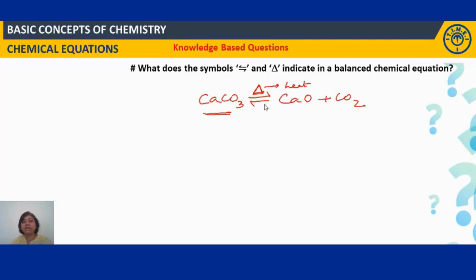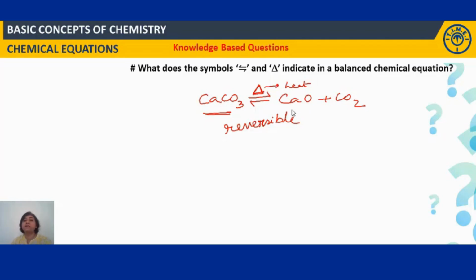Okay. And why did I use a double-headed arrow? Because the reaction is a reversible reaction. It means the reactant will first start to decompose and then again it will move in the opposite direction. That means at the beginning calcium carbonate will decompose to form calcium oxide and carbon dioxide.